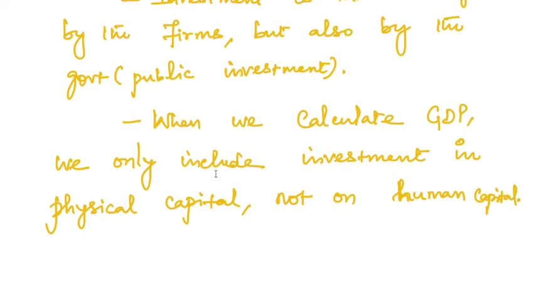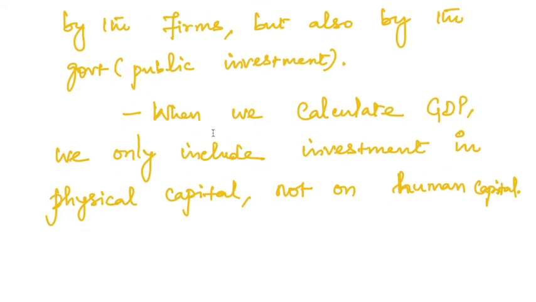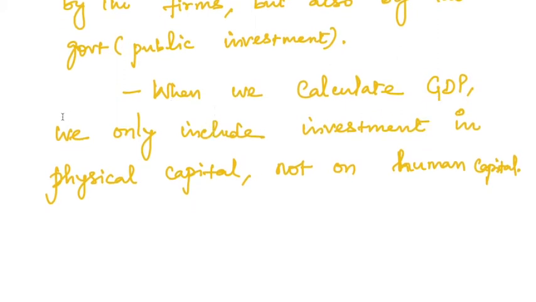The other thing to keep in mind is that when we calculate GDP, we only include investment in physical capital, not in human capital. For example, if the government is opening a hospital, or if a firm is opening a factory, these are all physical capital, so these will be included.